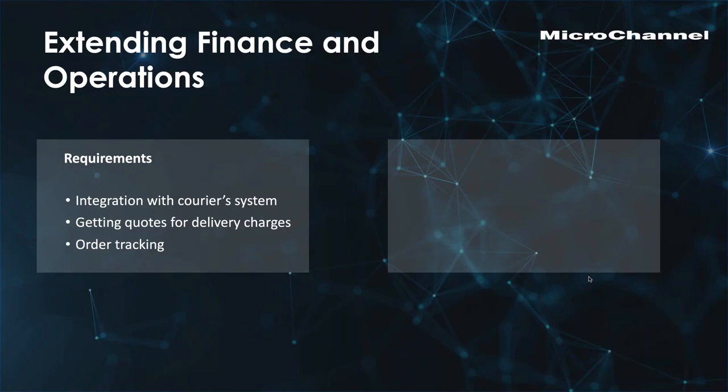At this moment, they don't have a fancy e-commerce solution, so they needed something quick so their sales representatives can quickly get quotes for the delivery charges from that external courier system, and also quickly trace the orders that are being shipped with this courier.